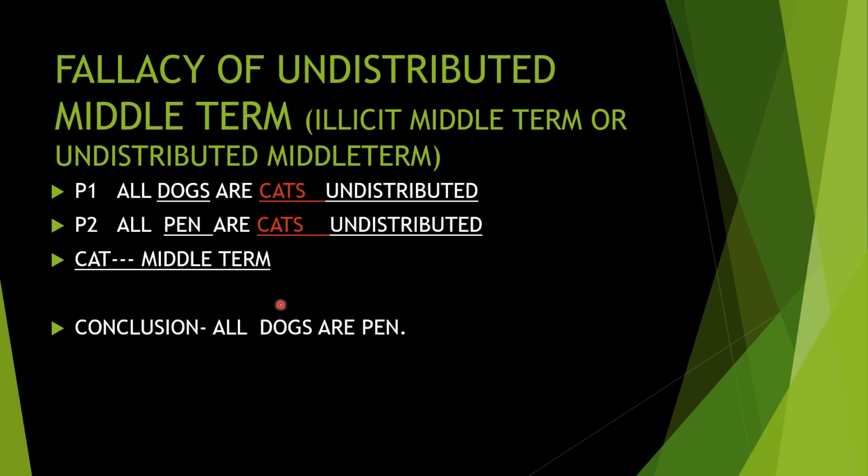Then we call it the fallacy of undistributed middle term, or illicit middle term distribution. That you have to understand. So the middle term in both of these is undistributed, and what we call it is the fallacy of undistributed middle term.